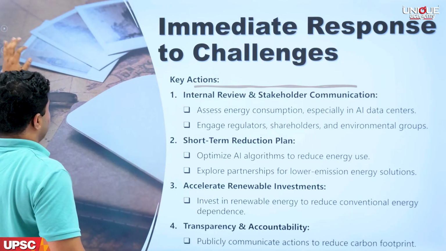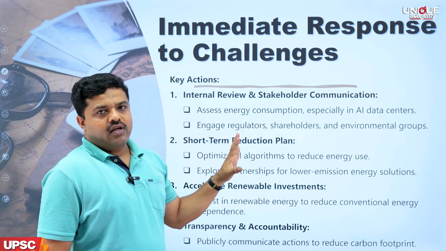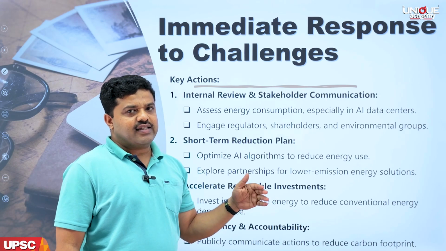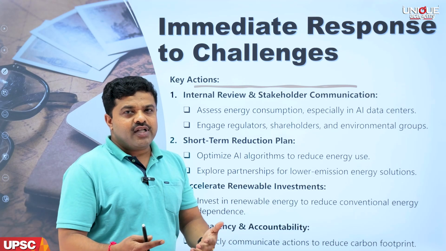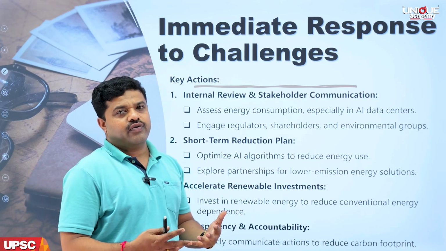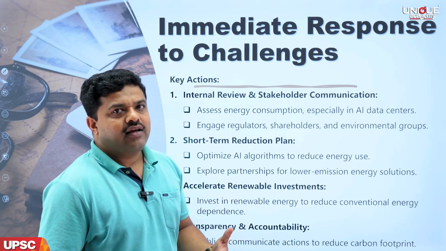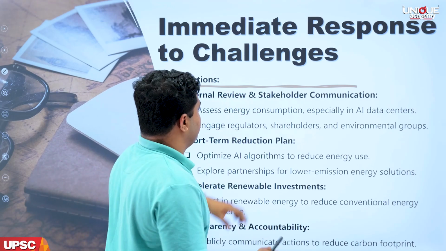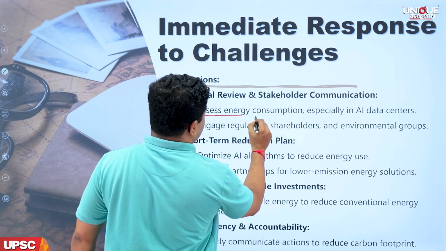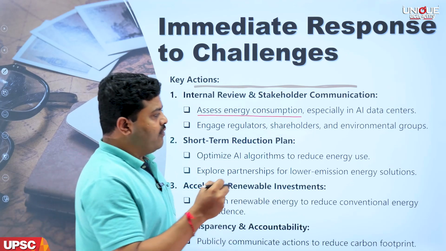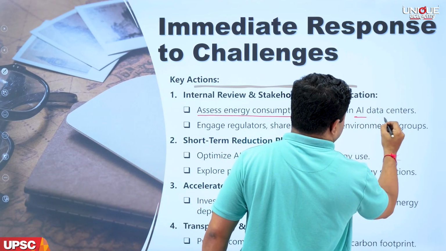In immediate response, you can go for these points. For example, what is being told to you in the case study is that your company is using AI, and that is why there is a 48% increase of energy. So what will you do? Immediately, you would assess the energy consumption, especially where AI is being deployed.